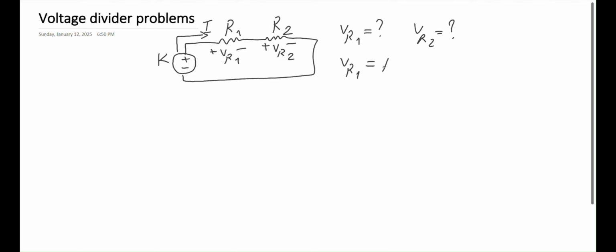VR1 is actually R1 times I. And with the same method, VR2 equals R2 times I. And the current is the same for R1 and R2 because they're both in series, and we know that when resistors are in series, the same current passes through them all.